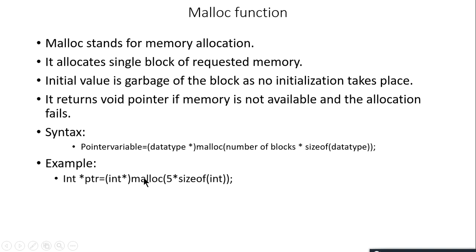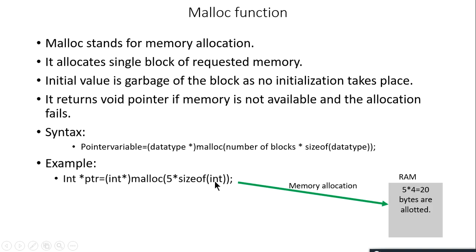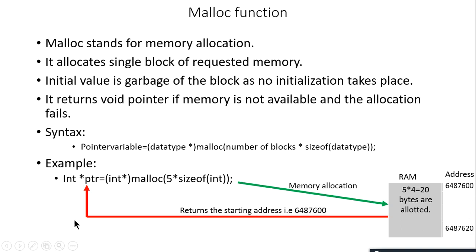Malloc will create a block of 5 multiplied by size of int. Let's say int is taking 4 bytes of memory, so 5 multiplied by 4 equals 20, and 20 bytes of block will be allocated as soon as you write this line. And let's say their starting addresses are these, like from 600 to 620, and the starting address will be returned to this pointer variable.